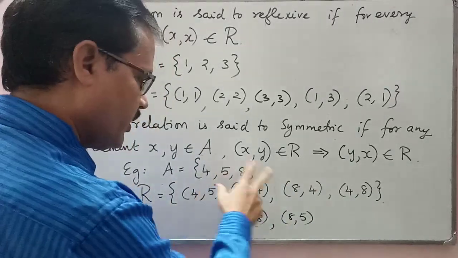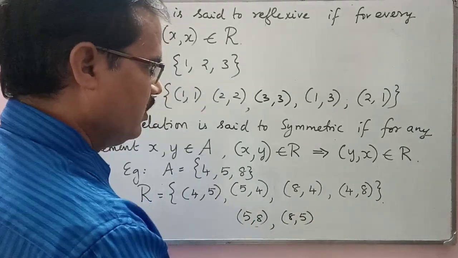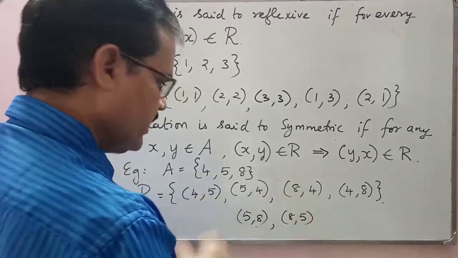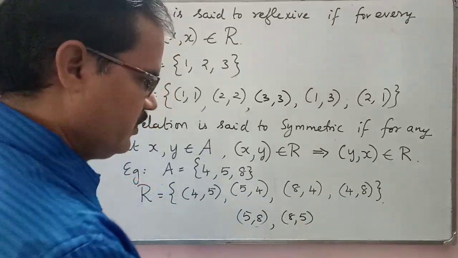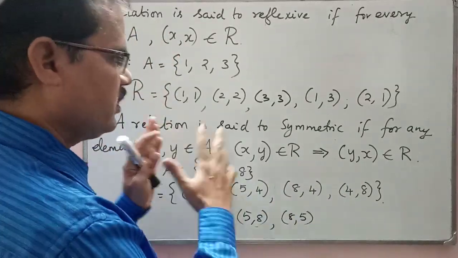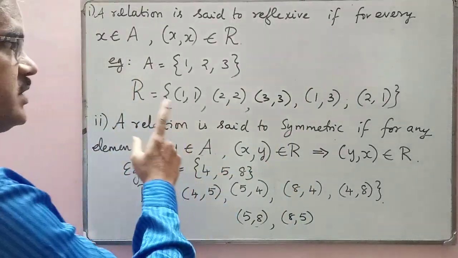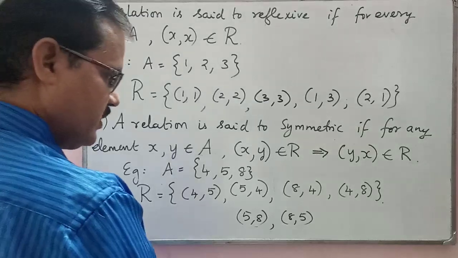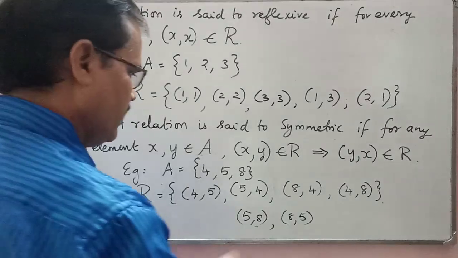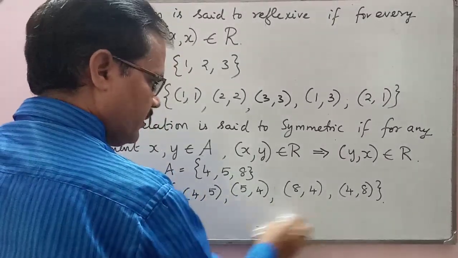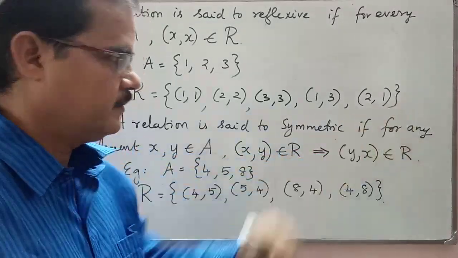That's why we say whatever you have taken from the relation, you check the condition and you call it symmetric. So it is not compulsory to check with every element, but in the reflexive case you should check that each and every element has a reflection. You understand children? Likewise you may have a number of combinations of ordered pairs which are not included in the relation. That doesn't matter, still it is symmetric. Okay children, that's why it is given as for any.